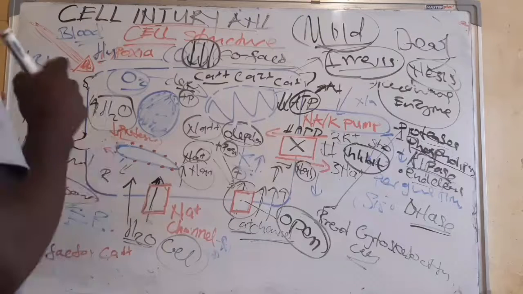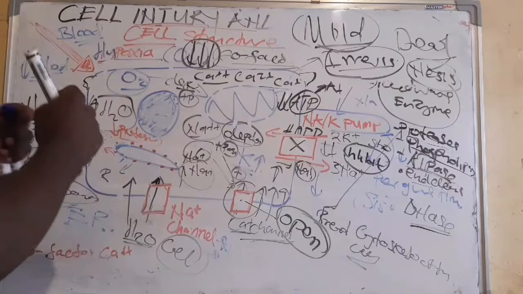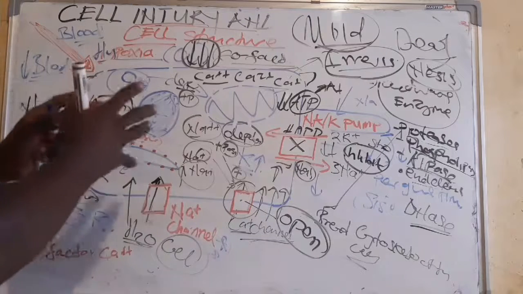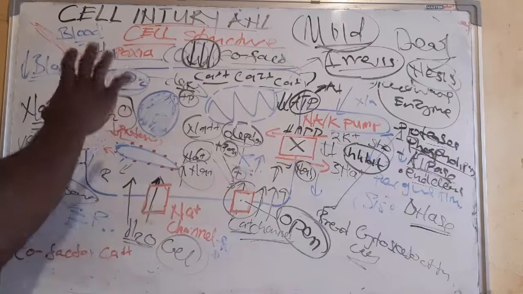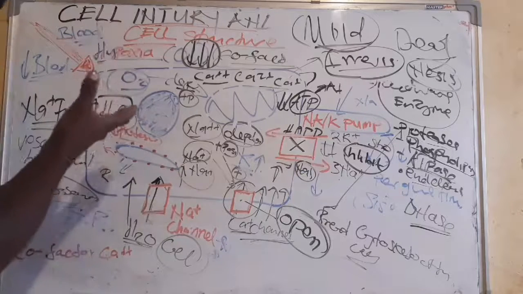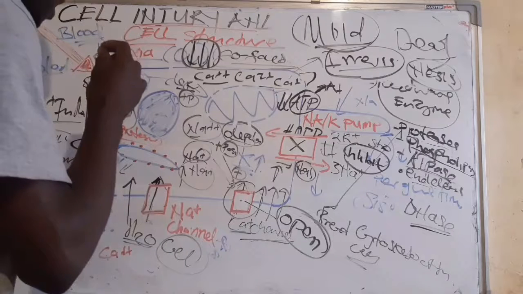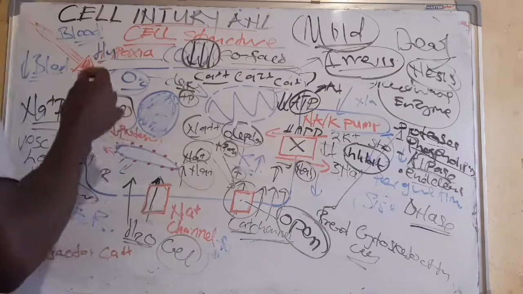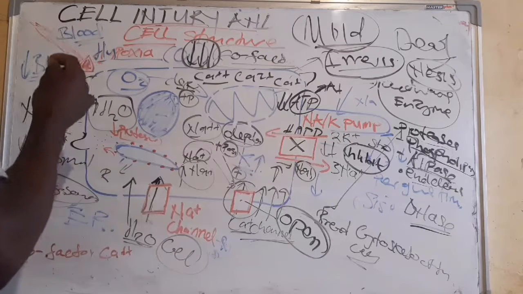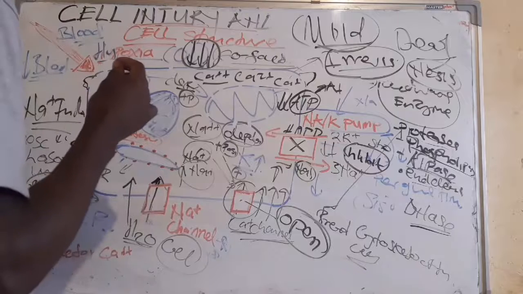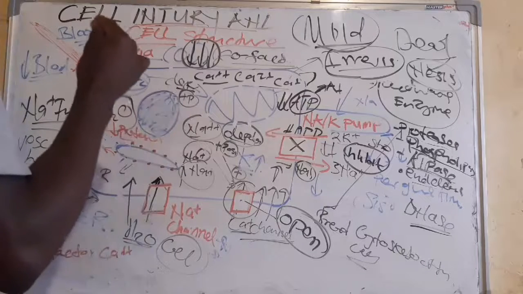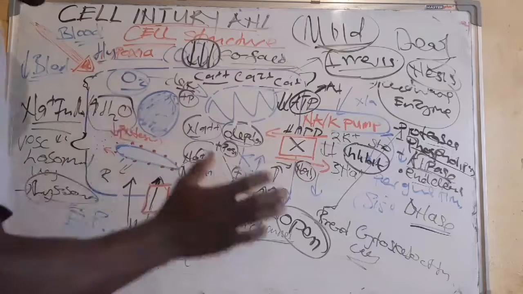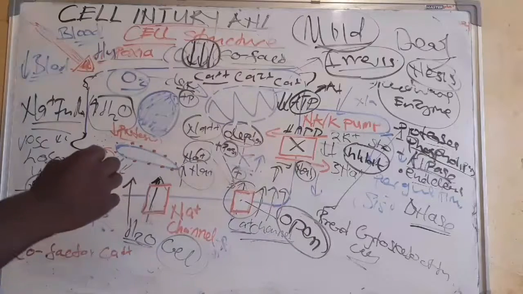So necrosis simply means the death of the cell due to abnormal conditions, due to the reduced requirements of the cell or the abnormal chemicals that the cell is subjected to.